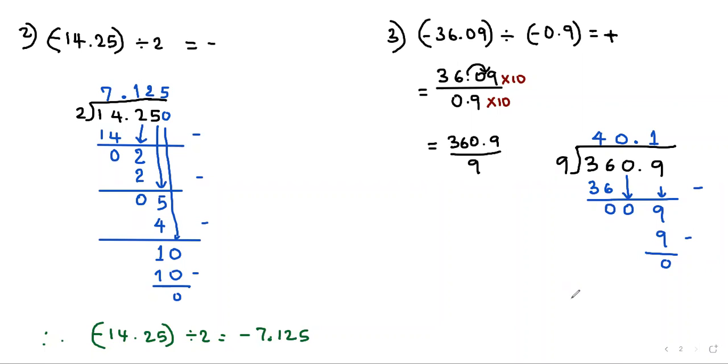So it means that our final answer will be that negative 36.09 divided by negative 0.9 will give us 40.1.